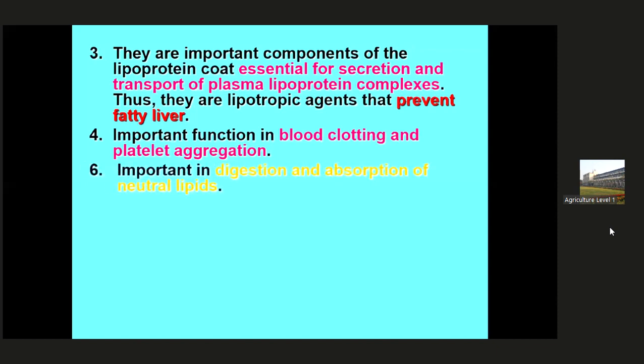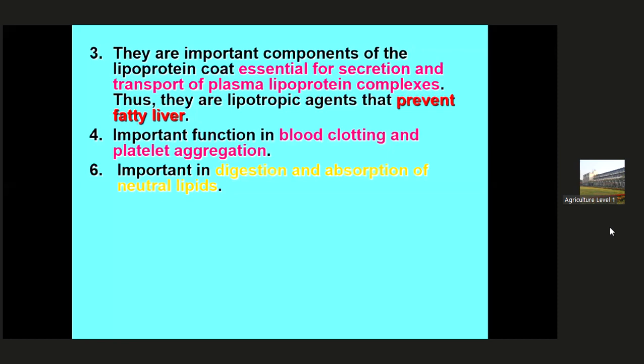Phospholipids are important in the digestion and absorption of neutral lipids. Neutral lipids mean fats and oils, the different types of oils and fats that you use in your diet. For the digestion and absorption of these fats and oils, phospholipid is very important.